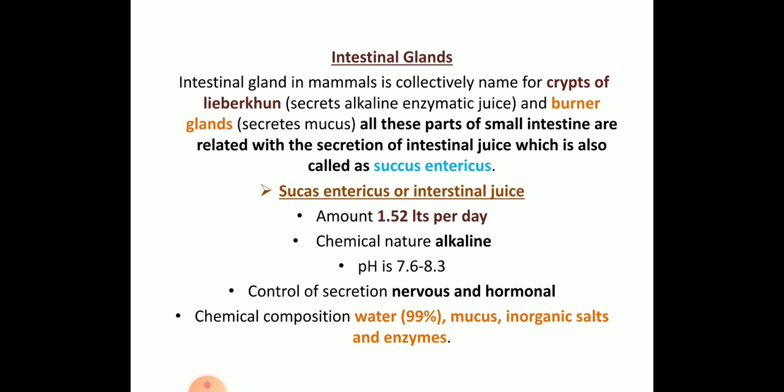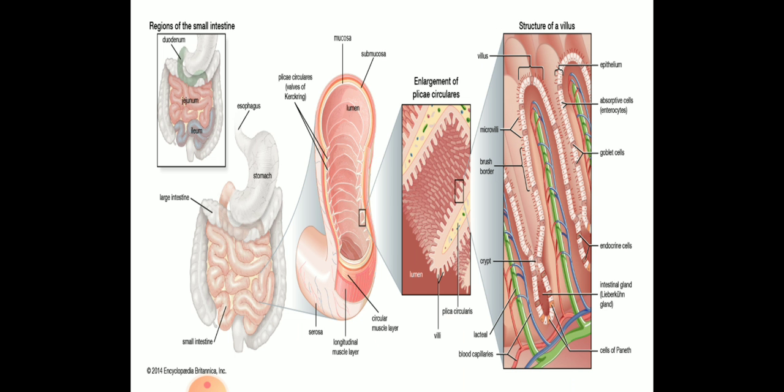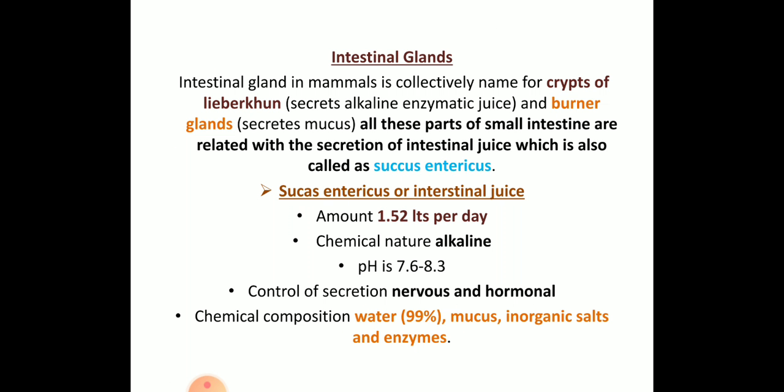Now the intestinal glands. These glands in mammals are collectively called crypts of Lieberkühn. You can see how the digestive glands are separated and form different types of layers. All the parts of the small intestine are related to secretion of intestinal juice, which is also called succus entericus.